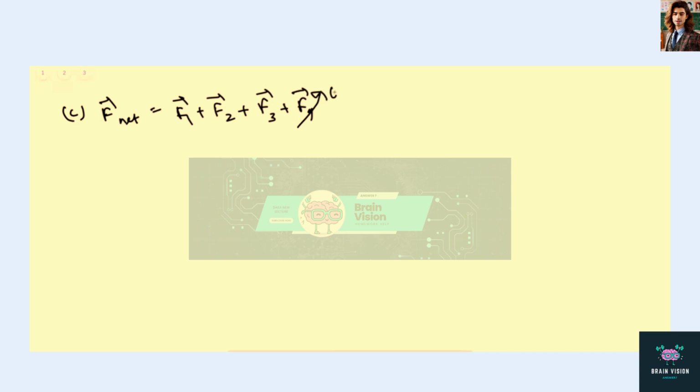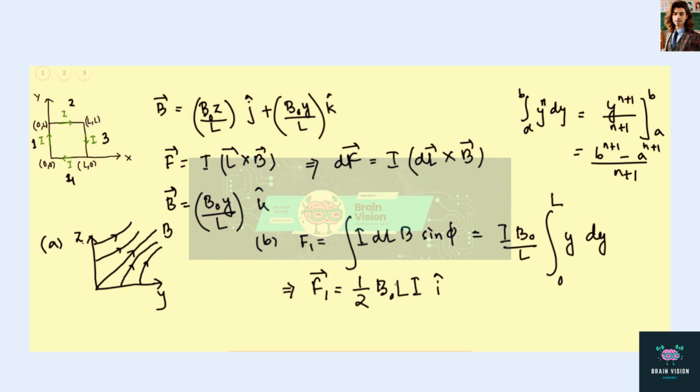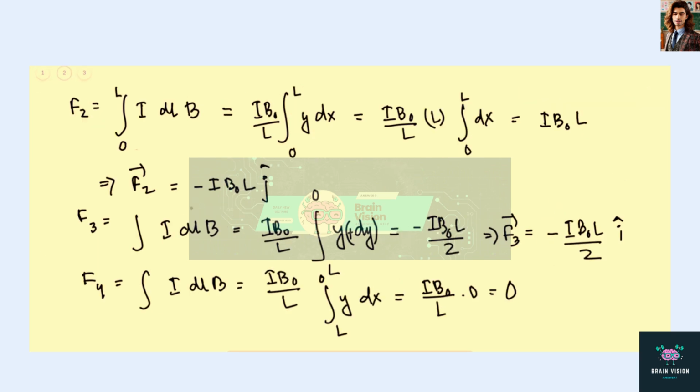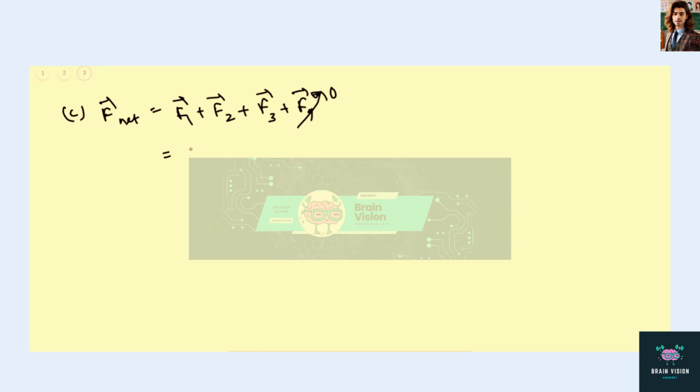F4 is basically 0 as we calculated, and F1 and F3 have the same magnitude, but they are opposite in direction, so they add up to 0, and we are just left with F2, which is negative of I times B naught times L j cap. So this is the net force.